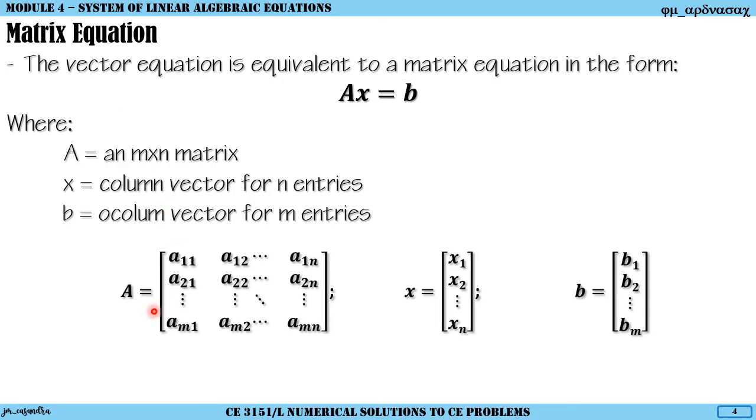So A consists of the coefficients, x is the matrix of your variables, and b is the matrix of the constants for each equation.